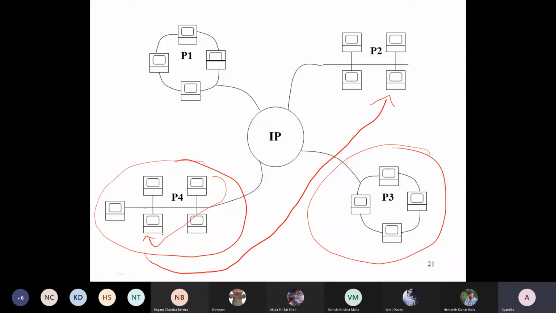But when you are trying to communicate from this node here to maybe this node there, then you have to understand how your communication is taking place within P4. Then when you are coming out of P4, your protocol is internet protocol. That means you are fragmenting your data in some way, and sending, let's say, packet by packet. As of now, you can just name them. We will see how we form those packets.